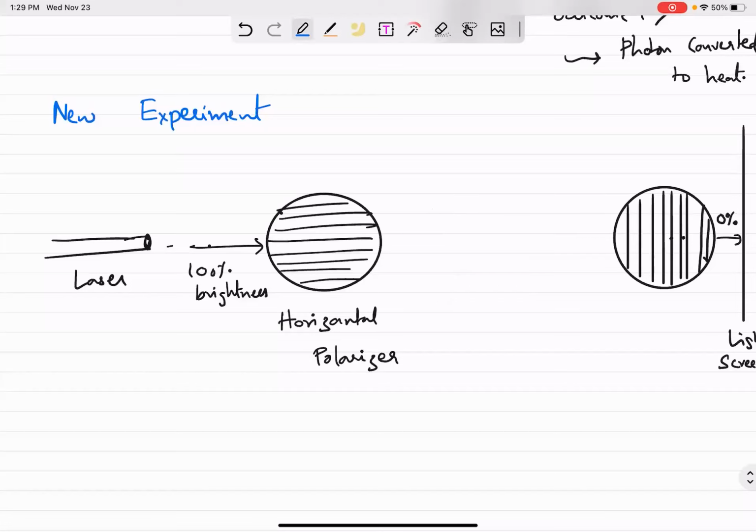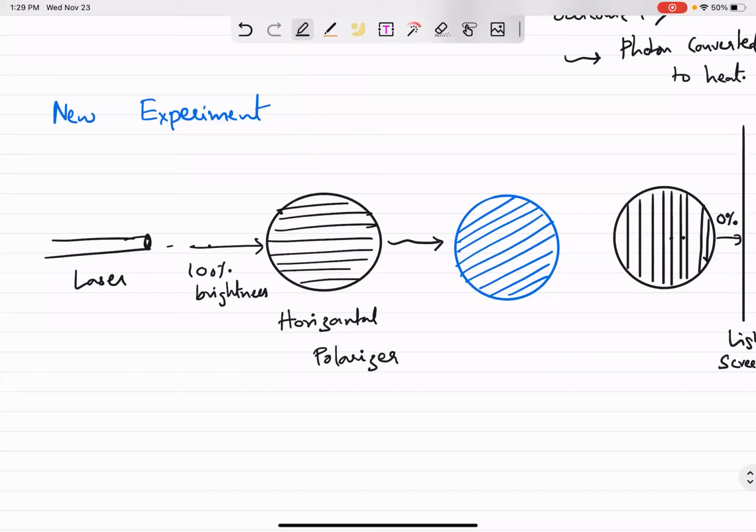So imagine now that I put one in between. What happens? Things get through at 50% brightness, but everything is in state 0.